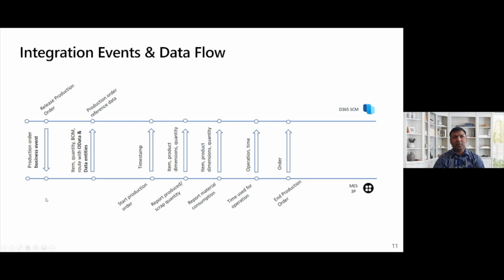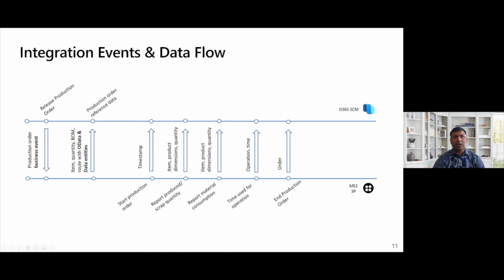The MES system can look for that business event for release of the production order, and that's when the MES system will know what FNO is making available for the shop floor to execute on. And once it receives that information about the production order, the MES system may need reference data, like data about the item, the bill of material, and the route.